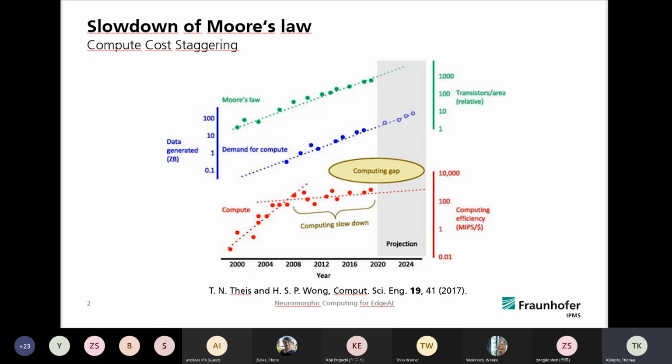The same holds for the demand for compute, which increases by a factor of 2 every 1.5 to 2 years. However, about 10 years ago, the computing efficiency per invested dollar did not increase anymore, and this is increasing a computing gap.